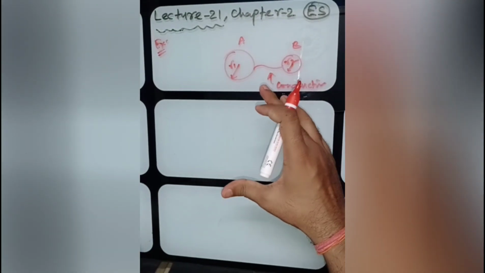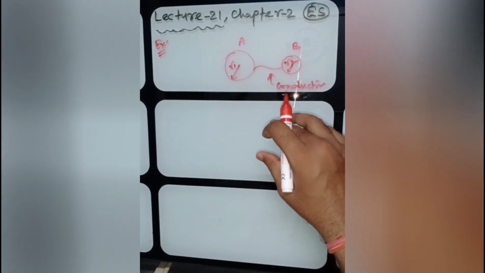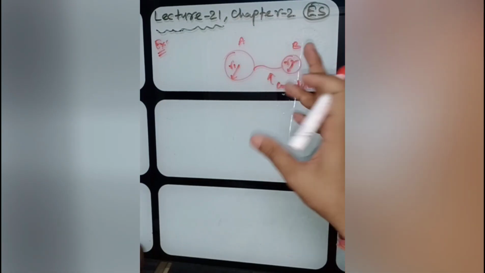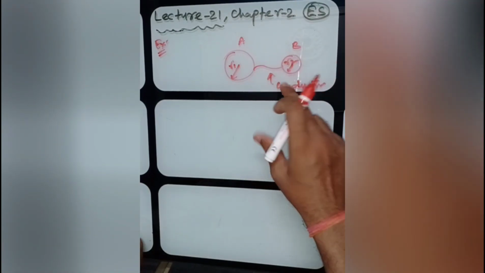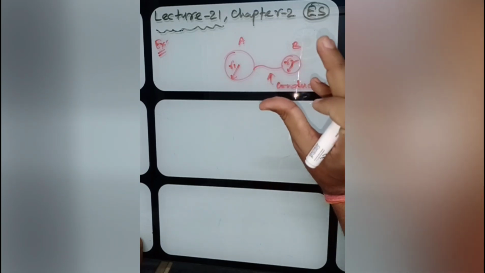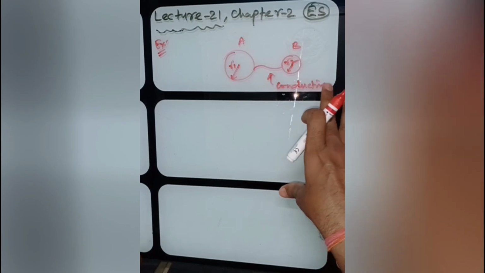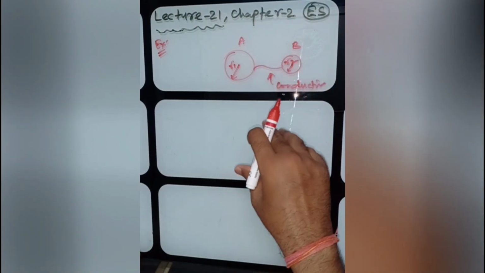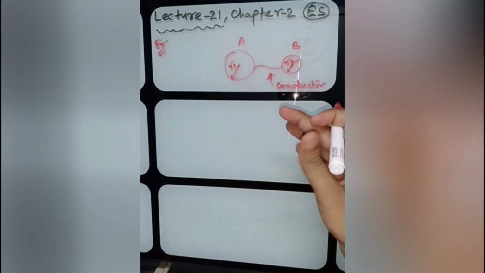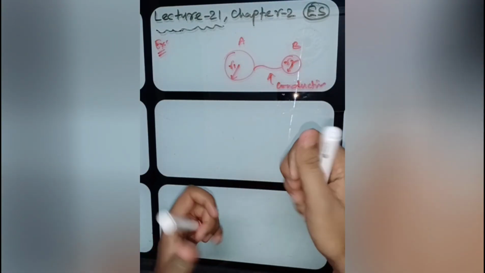Now students, if I ask which shell has the higher potential, you can say easily, if it is not connected with the conductor, the shell having the smaller radius will have the higher potential. There are a number of factors that affect the potential, but here we will discuss one by one.